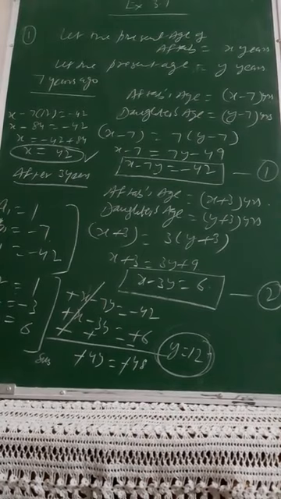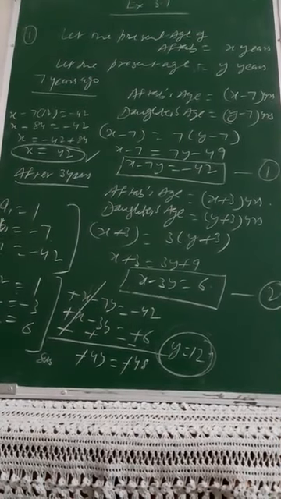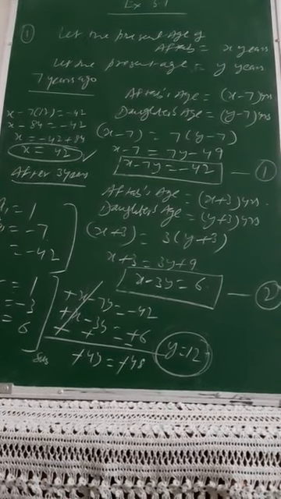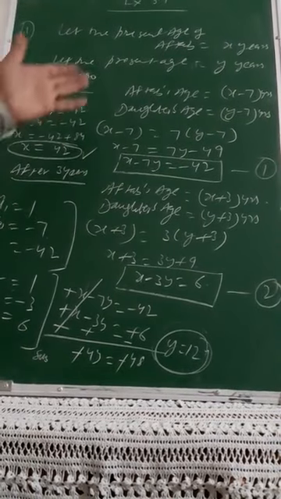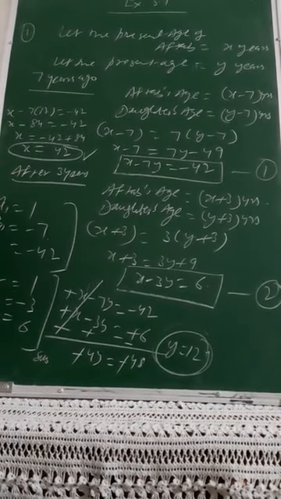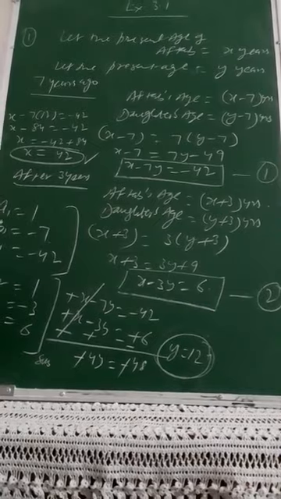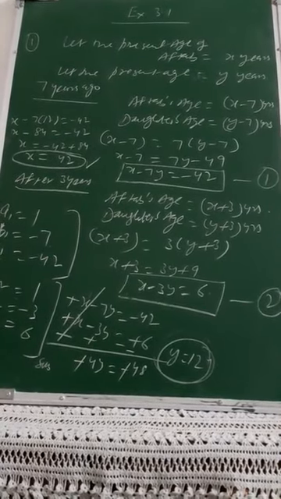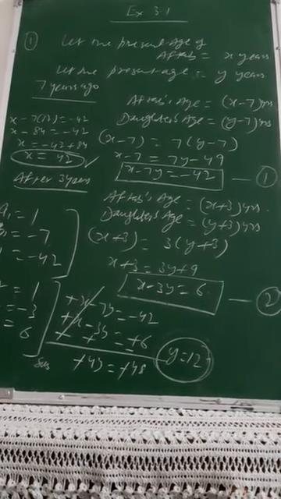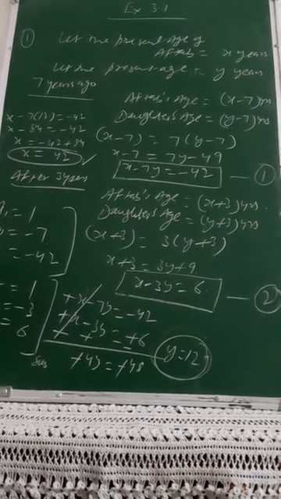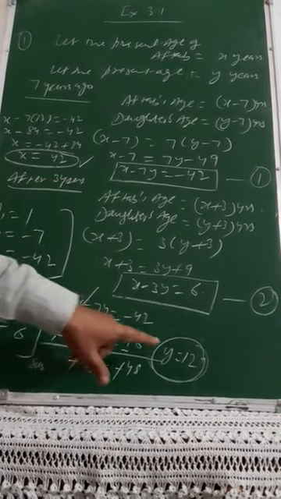That means these lines, towards the x-axis and along the y-axis, will intersect. That was made very clear because a1 upon a2 was not equal to b1 upon b2, which means the lines are intersecting ones. So here it is, x is 42 and y is 12.